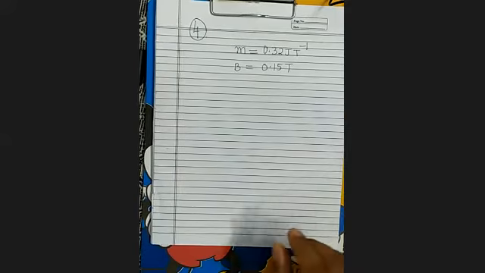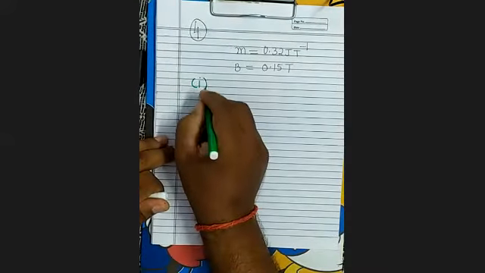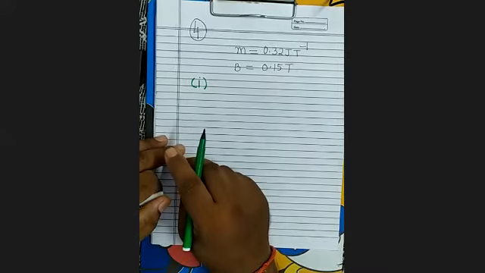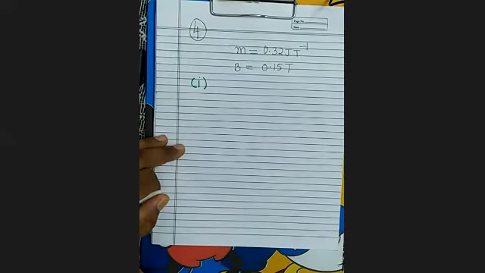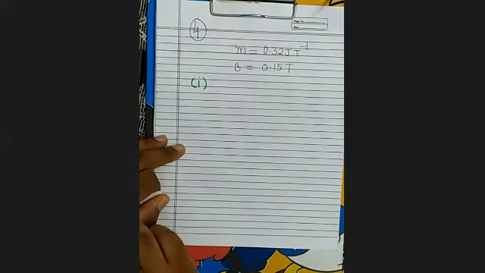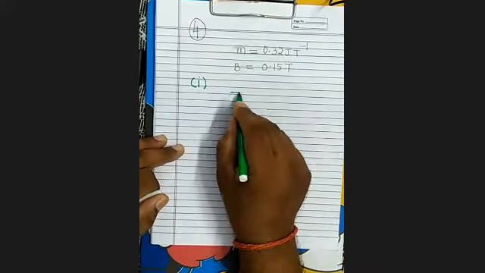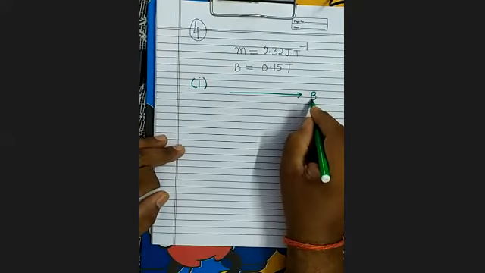See here, I have told this many times: in which orientation will a magnetic dipole be in stable equilibrium when situated in a uniform magnetic field? See here, this is the direction of the uniform magnetic field.